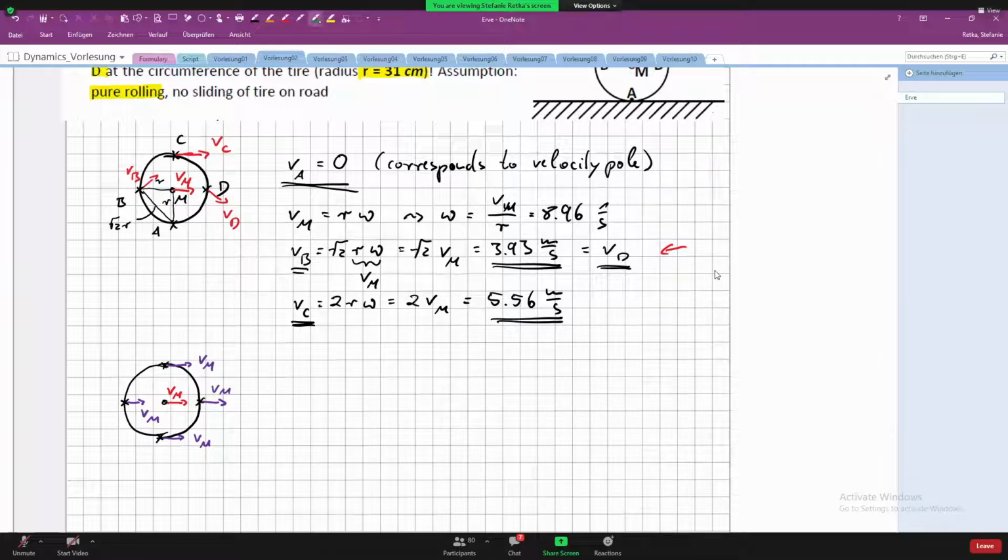And at the same time, these points A, B, C, D rotate about the center of gravity: Vcm, Vdm, Vam, and Vbm.